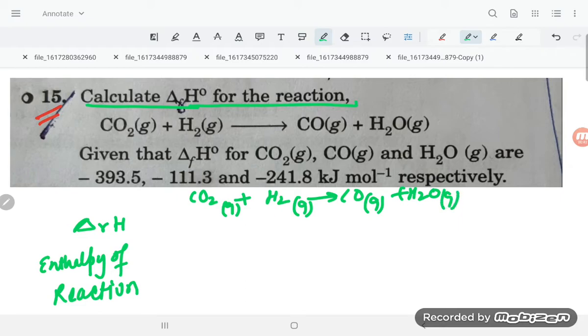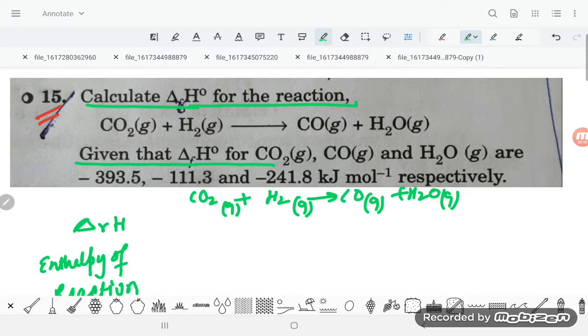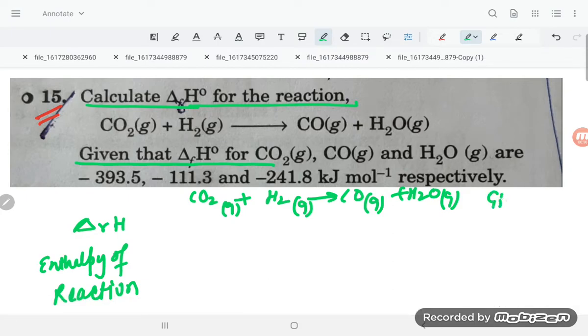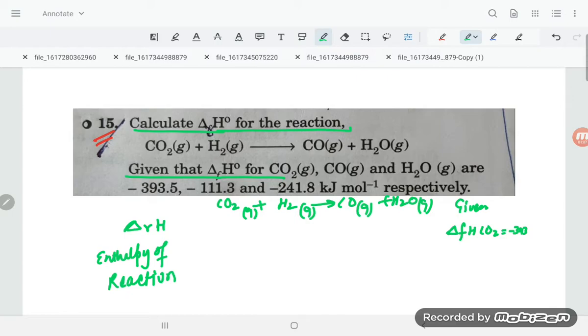Now dear students, what you can do, given the enthalpy of formation values. Writing the given things, the enthalpy of formation ΔfH of CO2 is minus 393.5.